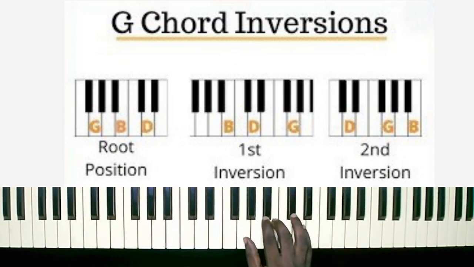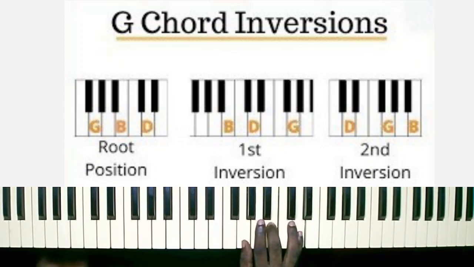So G major, we have our root form G, B, D, as you can see in the picture. G, B, D. So the same procedure and the same formula. Let's move to the first inversion.